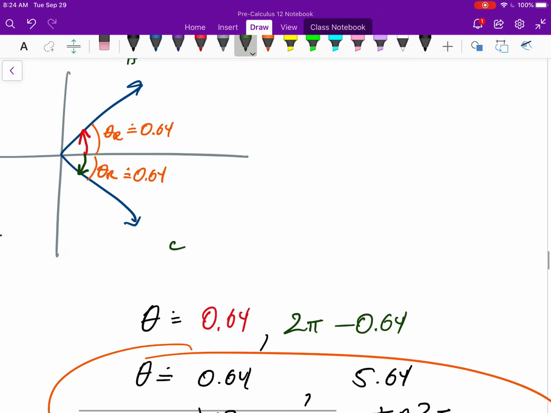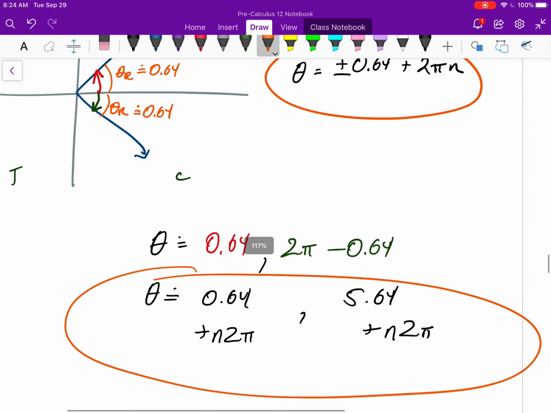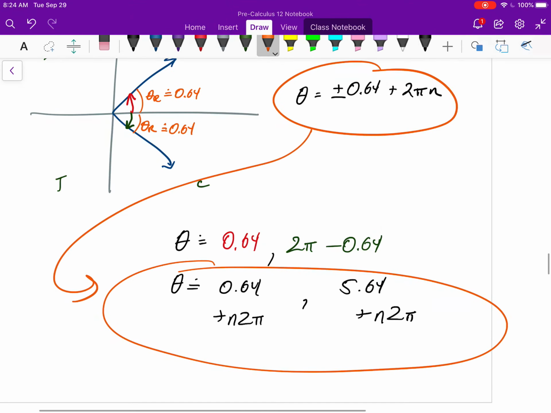And they're kind of pleasant actually if I do this, because in this case I would get theta equals either positive 0.64 radians or minus 0.64 radians. So I can summarize it all like this, as plus or minus 0.64 plus any multiple of 2 pi n. And so this here and what I have down here are exactly equivalent.